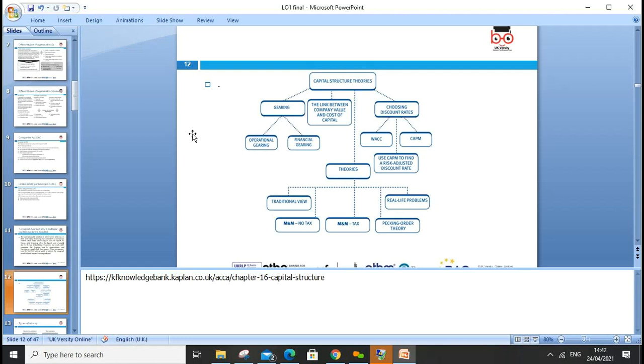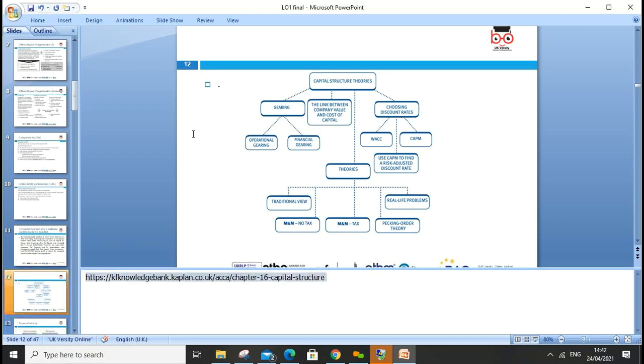I have included the capital structure here. There are a lot of theories. We can look at the gearing ratio, high gearing, high return: debt divided by equity. We can find the debt to equity ratio, or we call it the gearing ratio, high gear, high risk as well. Then we can look at different theories. There is the traditional view. There is the M&M, Modigliani and Miller model, and I copied the link here.